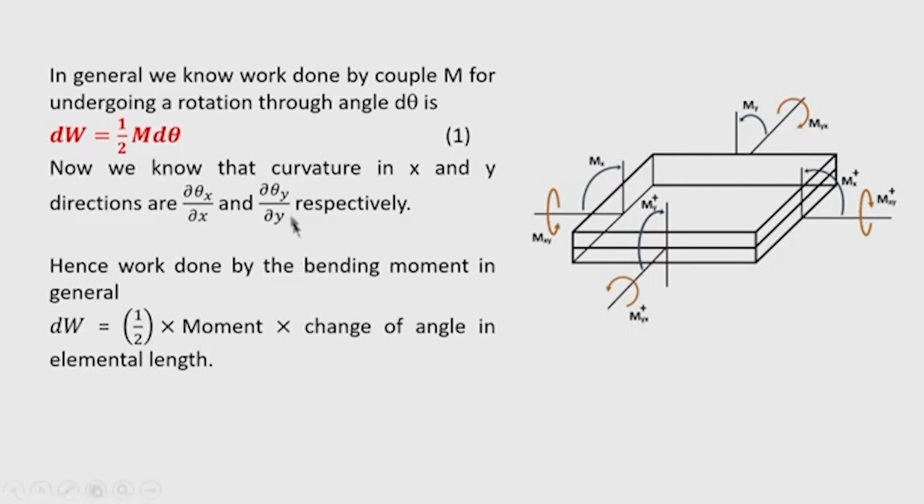Now, let us see, in general we know the work done by a couple M undergoing a rotation through an angle theta. The strain energy is nothing but the work done by the external force, which is stored as strain energy.